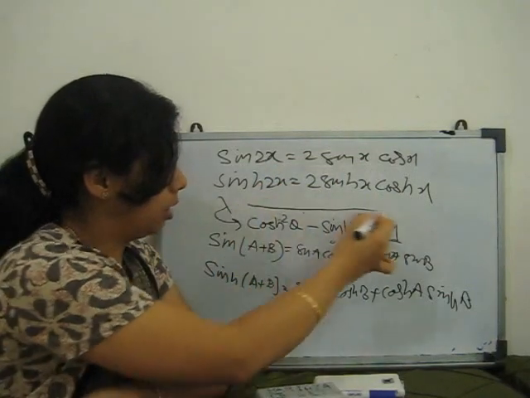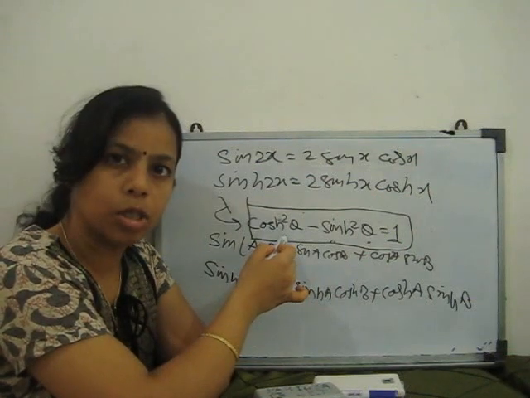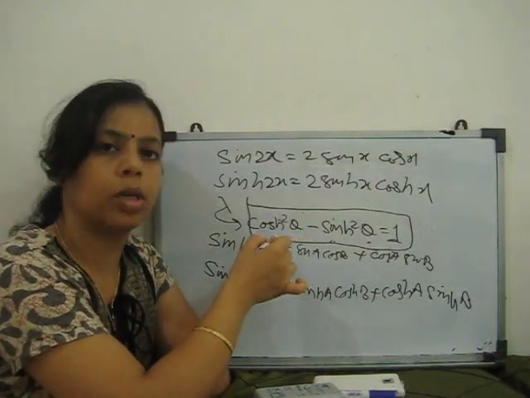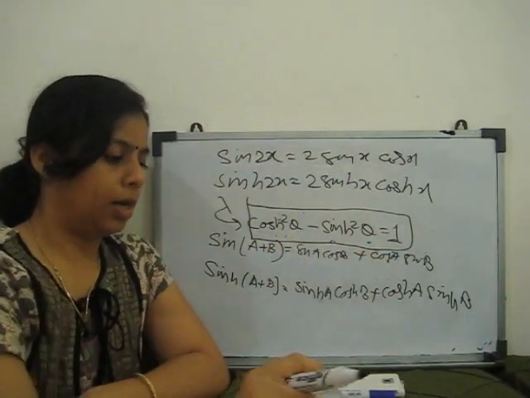So this is a very important result. There sin square plus cos square is equal to 1, but in the hyperbolic case, cosh square minus sinh square is equal to 1.